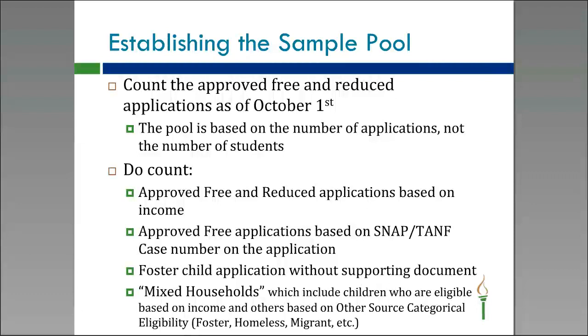And then you'll also include any mixed household applications, and those are applications that have an other source categorically eligible, so foster or homeless, along with students eligible based on income.